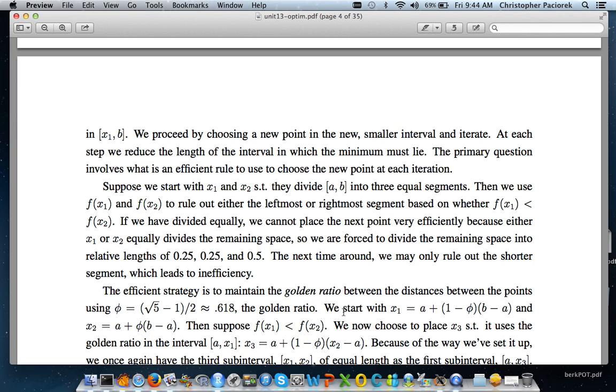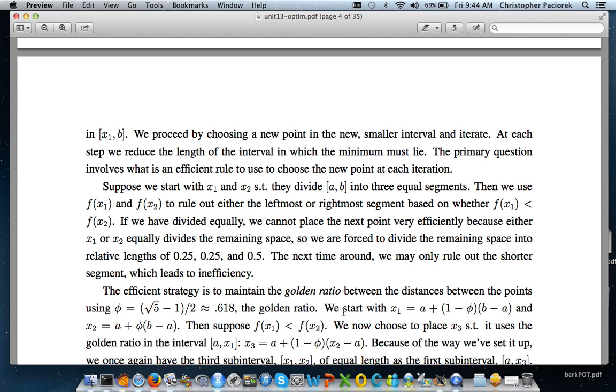And if I do that, and I now place a new point such that these two are equal to each other, then this is going to be 2 phi minus 1, and this is going to be 2 phi minus 1 as well. This whole thing here is still 1 minus phi. At this point I've eliminated 1 minus phi out of the total length of 1.